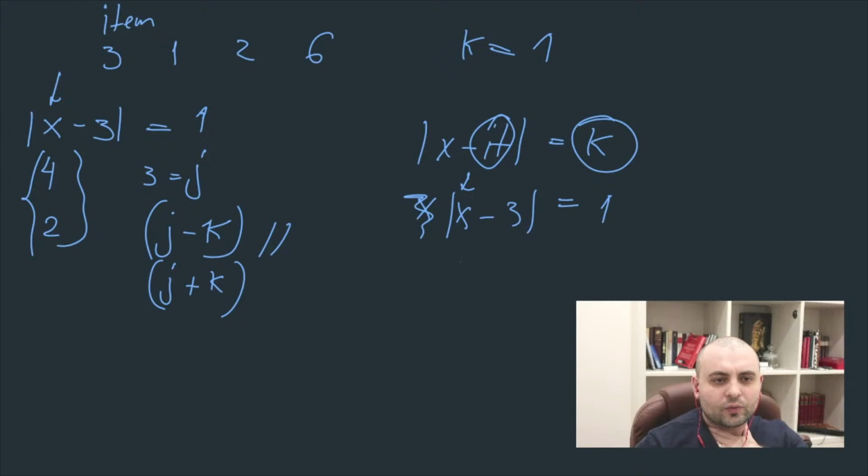X in this case will be either 4 or 2. Okay, so what's the relation between 4 and 2 and 3 in this case? It will be item plus 1 or item minus 1.